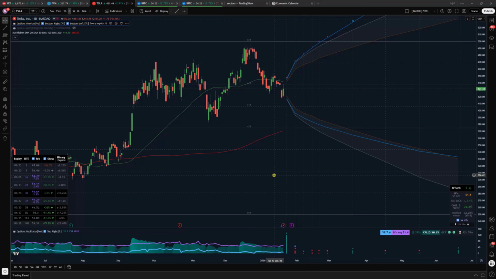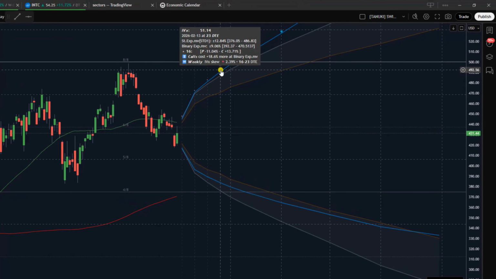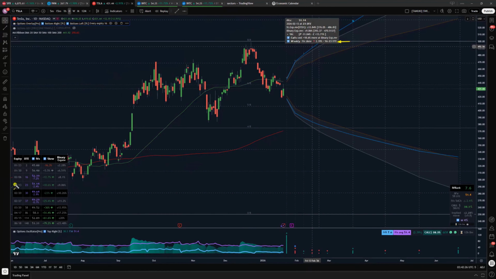There are certain parts of the overlay indicator where we show you the horizontal IV skew. For example, if you hover over these dots on the delta curve, you will see, for example, the weekly skew tells you 2.3% around 16 to 23 days to expiration. This is what we also will cover in the expiry table.